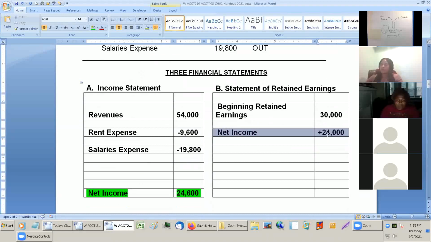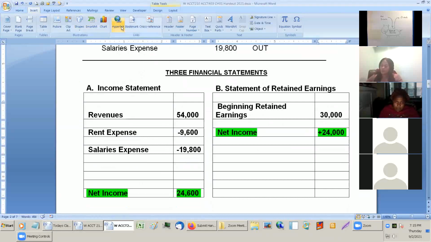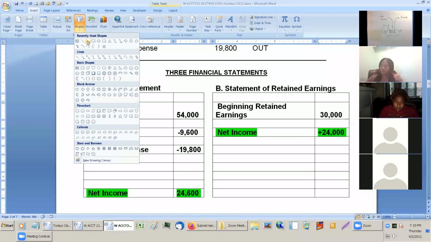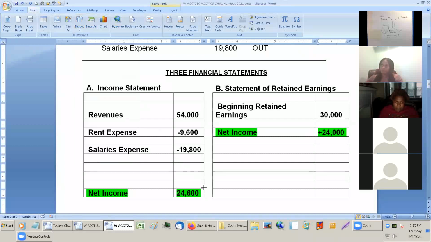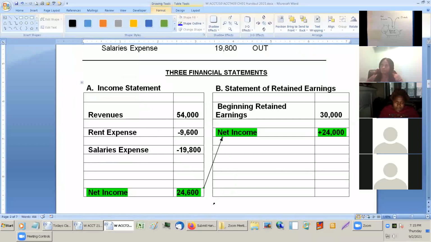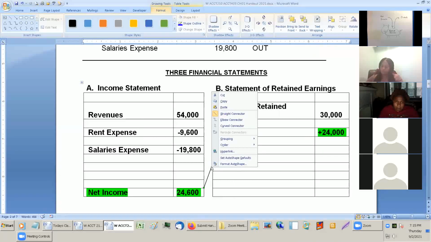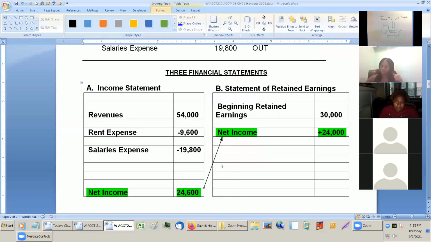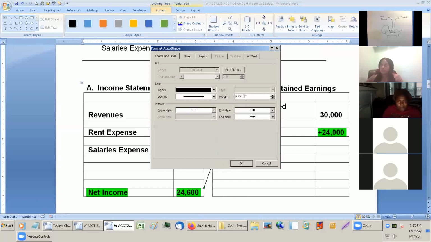It's 54,000. So that is the same number as, no, that's this. Oh, I put the wrong number.